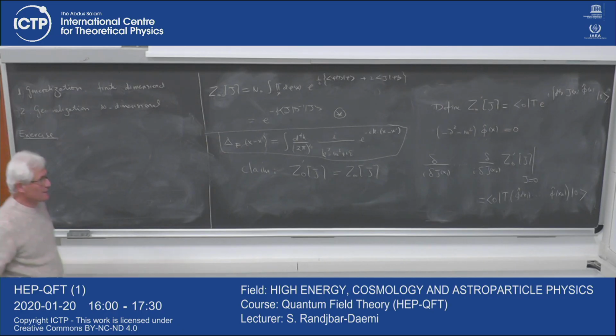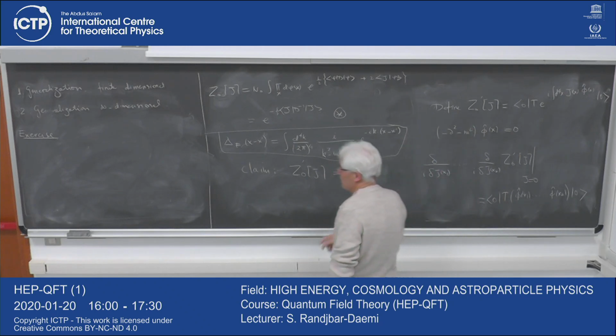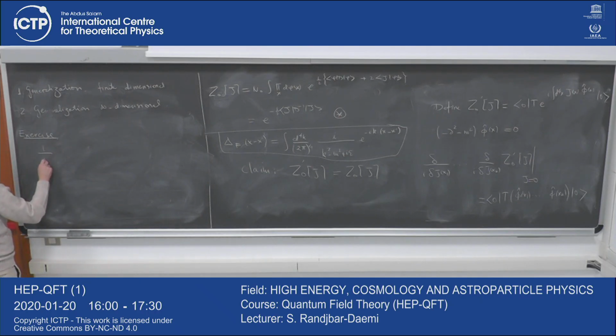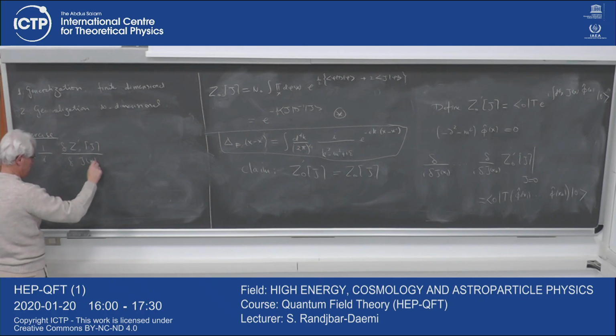So the exercise is the following. Take this functional and calculate 1 over i times the derivative of Z prime 0 of J with respect to J of x.